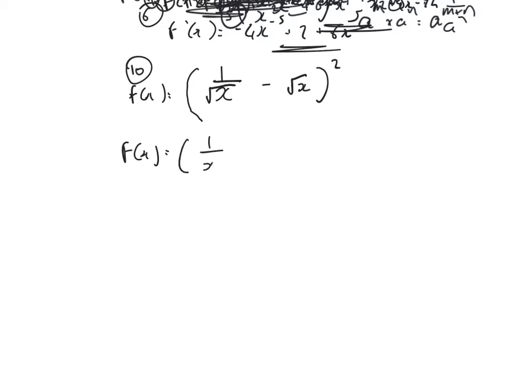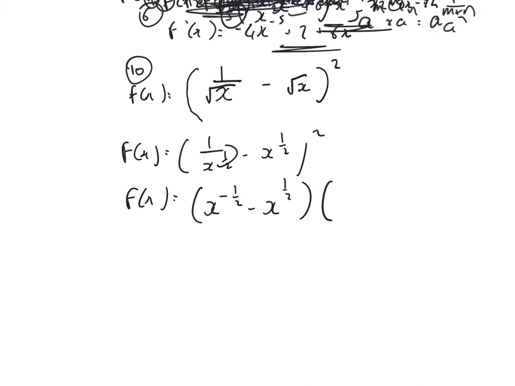So it's going to be 1 over x to the half minus x to the half all squared. Okay, so use a reciprocal rule to bring that up. X to the minus 1 half minus x to the half. Let's just repeat that bracket. Then I can use FOIL method, firsts, outsides, insides, lasts.